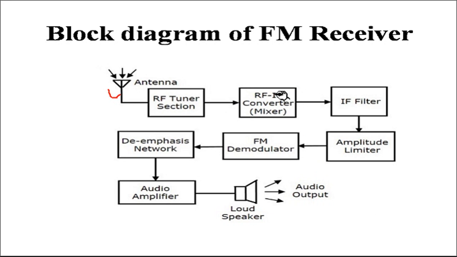The mixing process is done here, having the received signal as one input and the local oscillator's frequency as the other input. It is going to form two different frequencies, the addition and subtraction of the frequencies. The incoming signal and the local oscillator's frequency, you may consider them as F1 and F2.